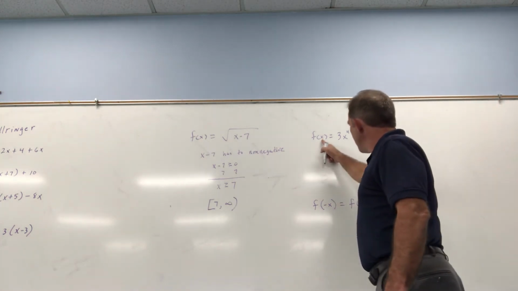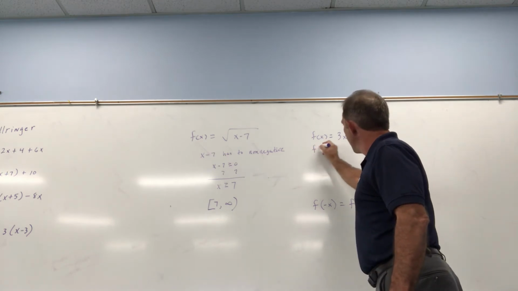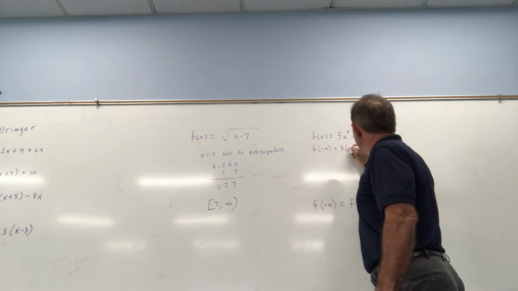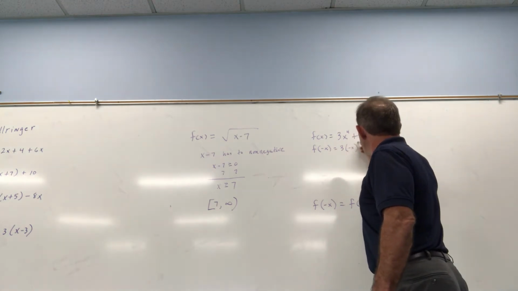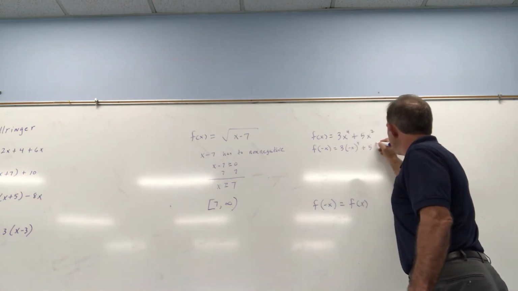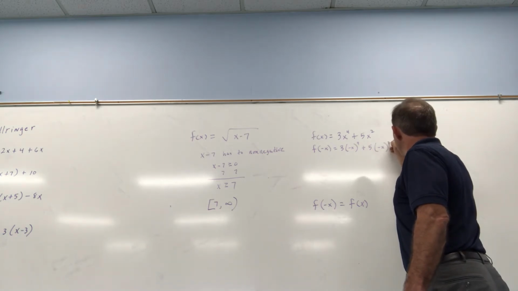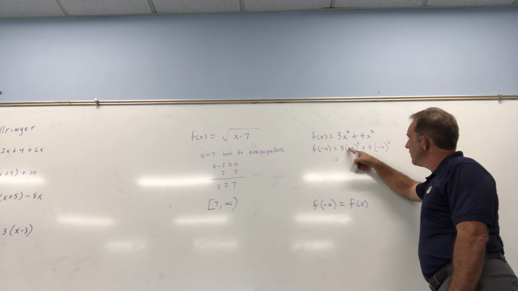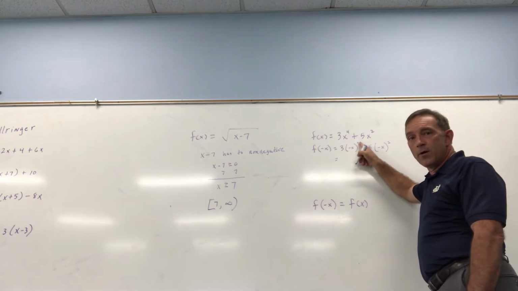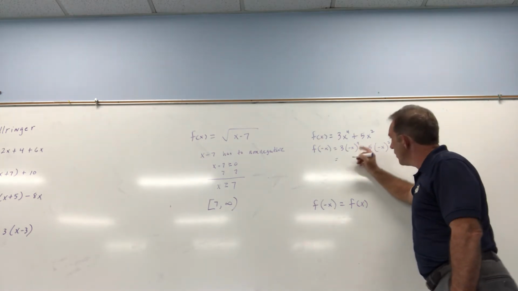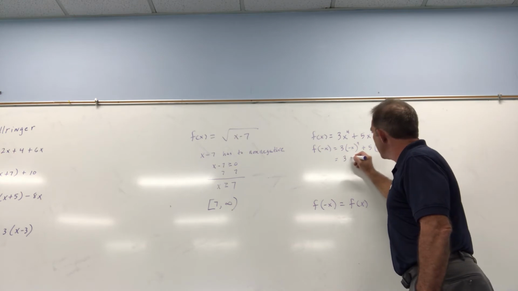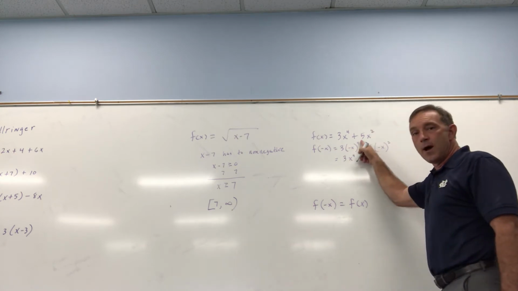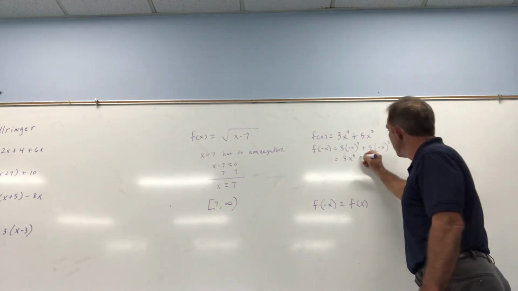So if we were to input negative x into this, you would have 3 times negative x to the 4th plus 5 times negative x to the 2nd. But when you raise a negative to an even power, you're going to get a positive. So in other words, this still just works out to be 3x to the 4th, because the negative to the 4th power becomes a positive.